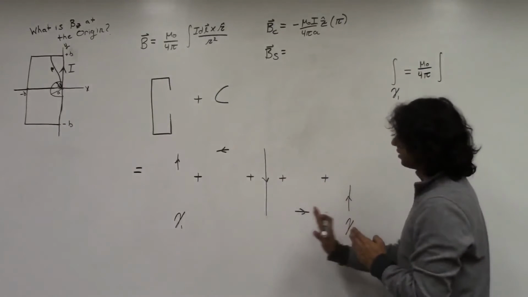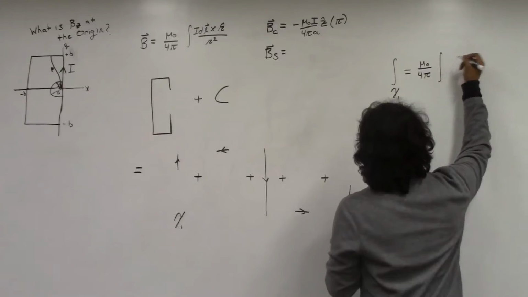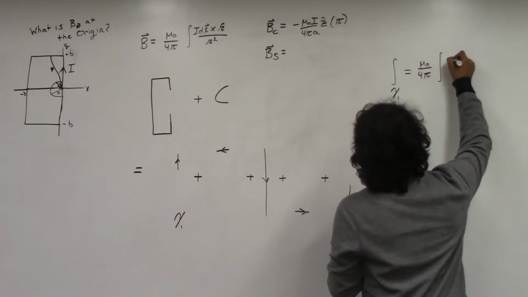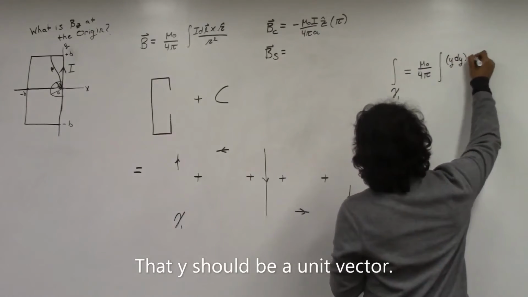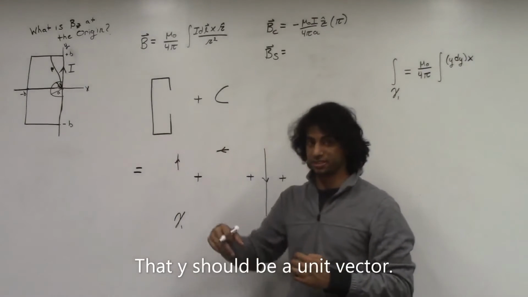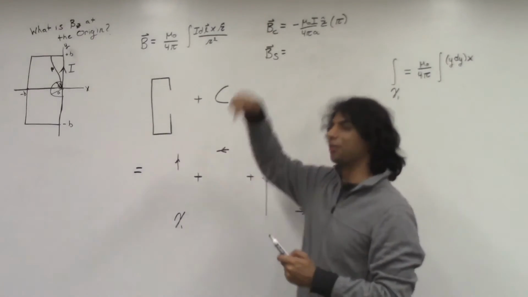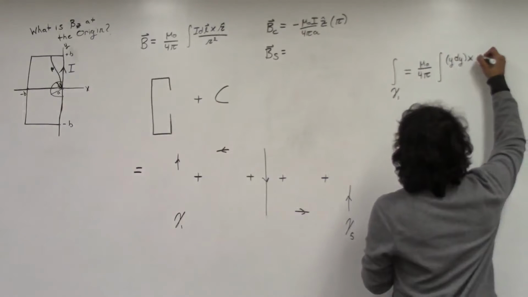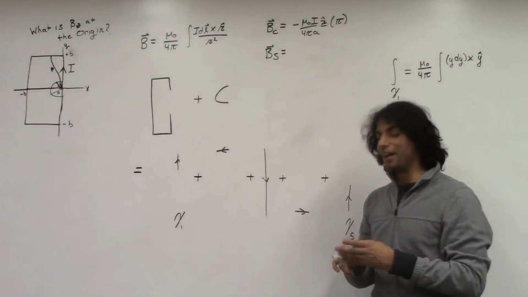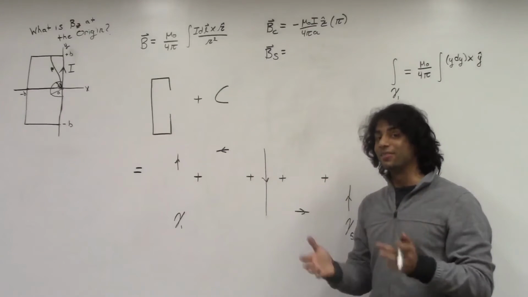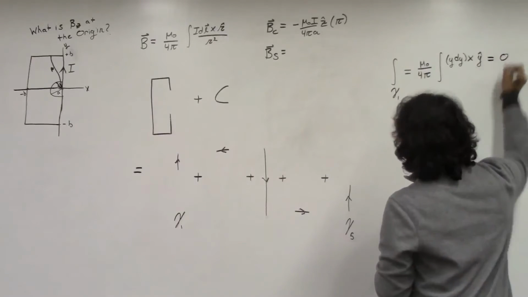So dl in this case for gamma 1 is pointing up, so the differential element for that is dy y hat, and I have to cross it with the distance from the current to the origin. However, that distance is strictly a y value, so it's going to be cross some y hat. And I don't even need to continue, because we know a vector crossed with itself gives us 0. So this integral is already going to go to 0.